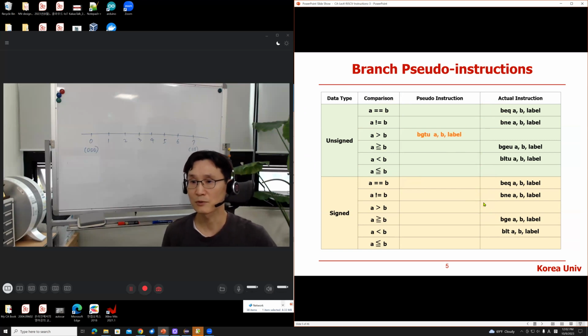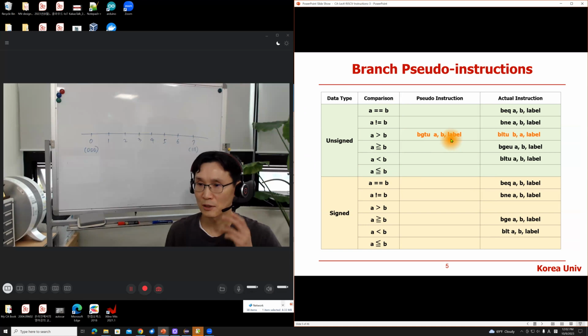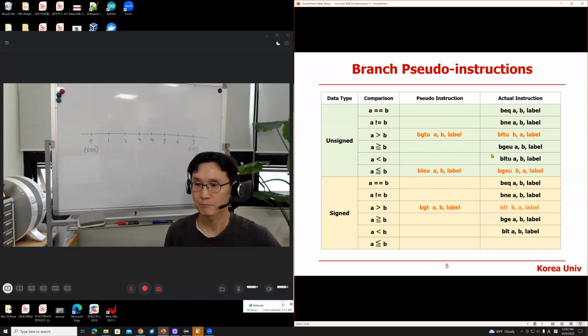Sometimes you want to use just this pseudo instruction, and the compiler will convert that pseudo instruction into an actual RISC-V instruction. By looking at these names, it is very intuitive. If you want to check equality, use BEQ. Inequality, not equal, and then greater than or equal.